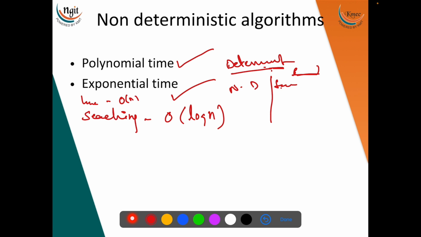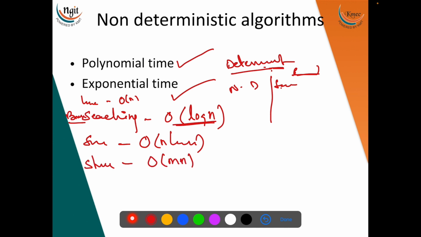Now I'm taking binary search, which takes big O of log n. Sorting takes big O of n log n, and string matching or string editing takes mn. Even merge pattern takes big O of mn. So this is polynomial time complexity.